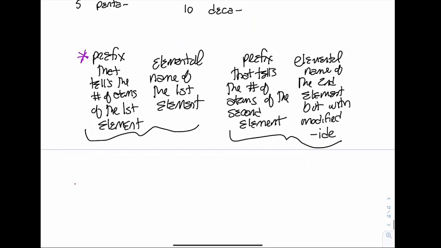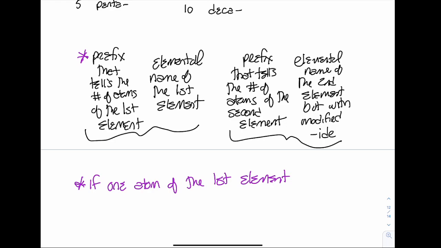So my first exception, if one atom of the first element, and this is only for the first element. I'm not putting the asterisk over here. I'm going to write it, but then I'm going to get rid of it. I'm not putting it there. I'm only putting it on the first one.